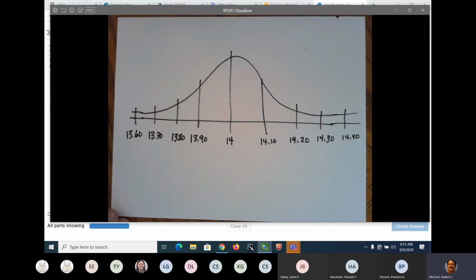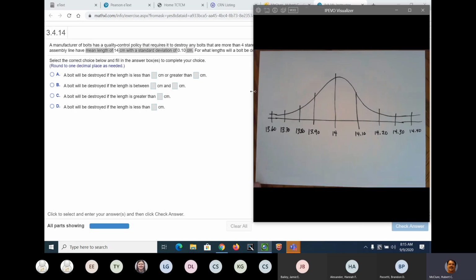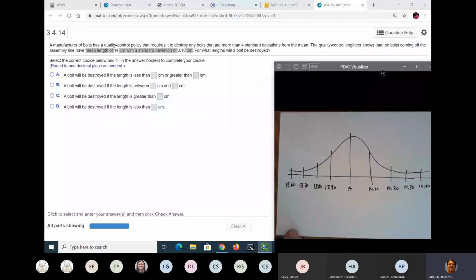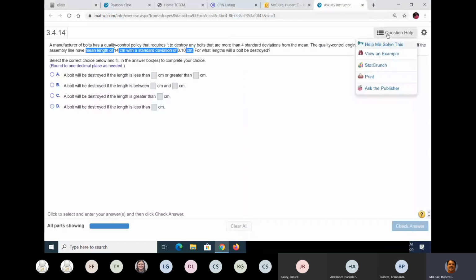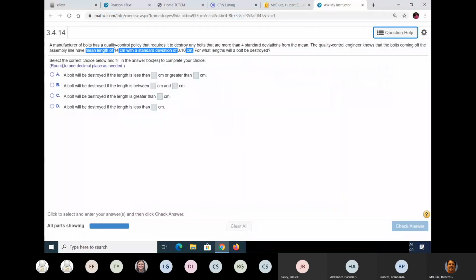So let's see. It says in the question, select the correct choice, blah, blah, blah. Do they want you to do a z-score on this one or not? Let me see if they're wanting a z-score. Yep, z-score. You're going to have to do the z-score. So it says, for what lengths will the bolt be destroyed?